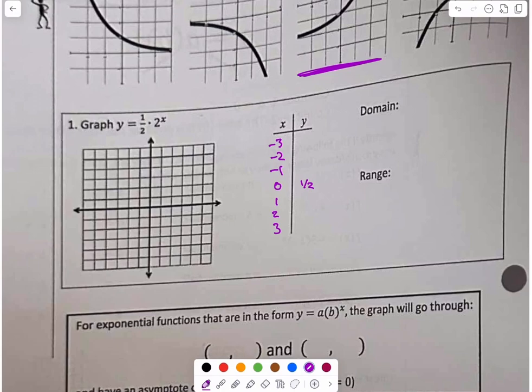When x is 1, we get 1. When x is 2, 4 divided by 2 is 2. When x is 3, 8 divided by 2 is 4.